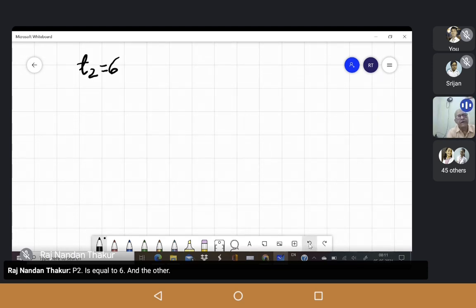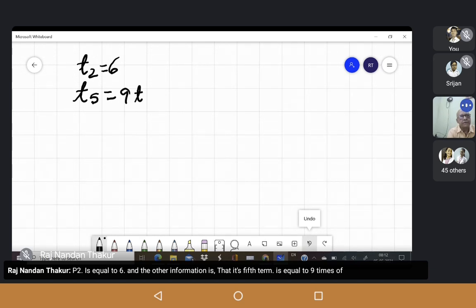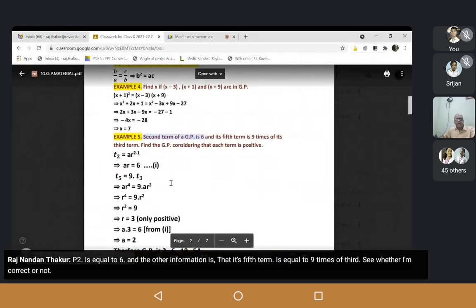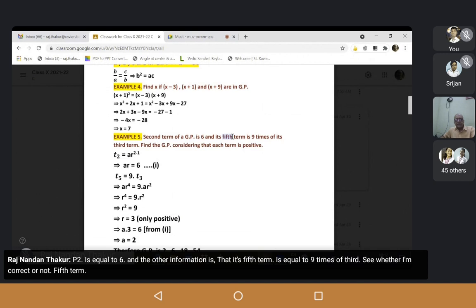And the other information is that its fifth term is equal to 9 times of third term. See whether I am correct or not. Fifth term, T5, is 9 times of its third term. Okay?